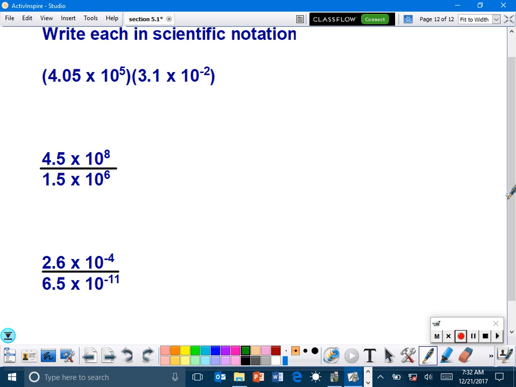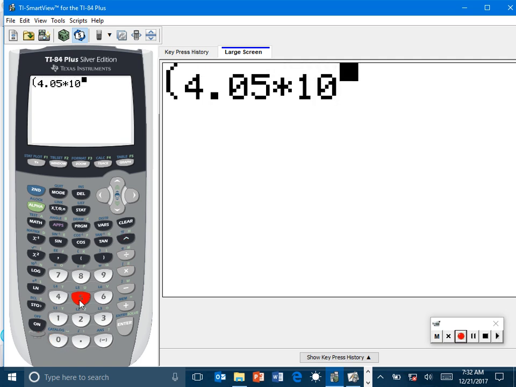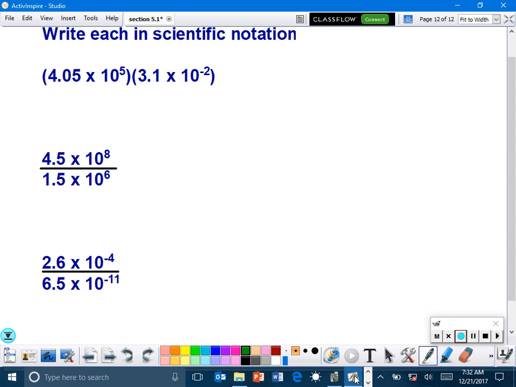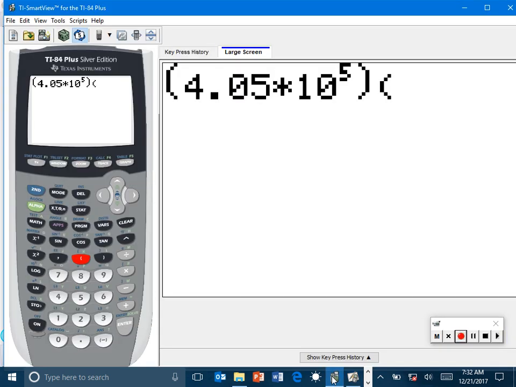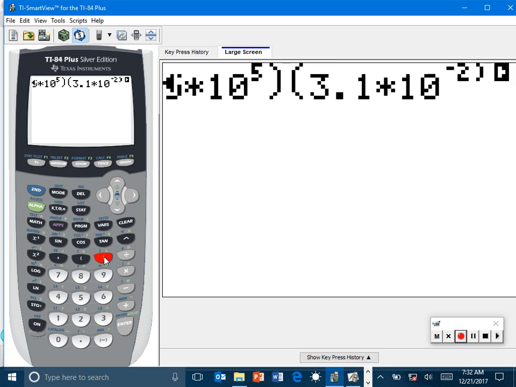So you have a problem like this on your worksheet and in your book assignments. You can actually type this in like you see it. Let me just demonstrate. So 4.05 times 10 to the fifth power, all of that is in parentheses, times 3.1 times 10 raised to the power of negative 2.